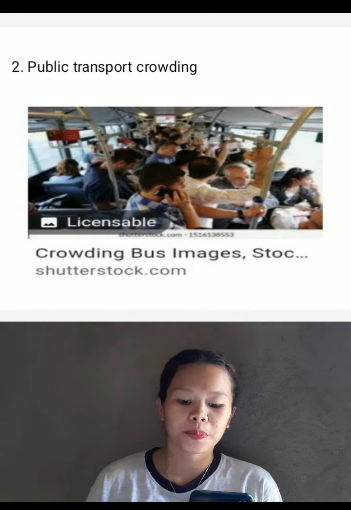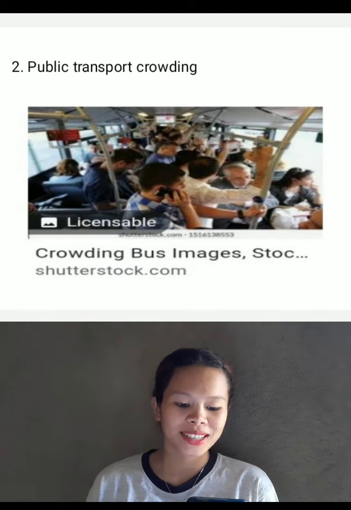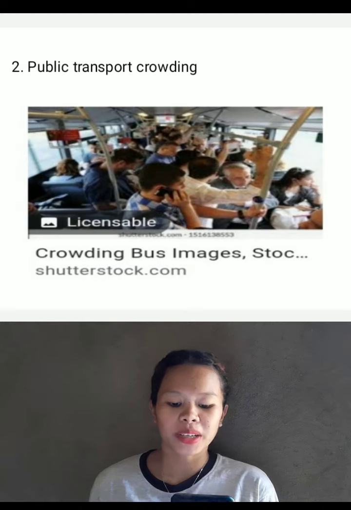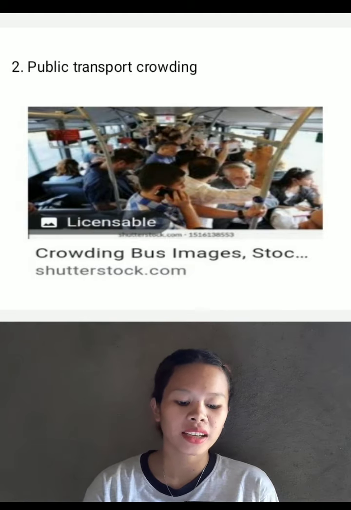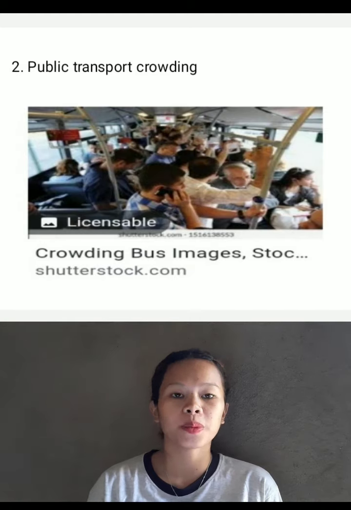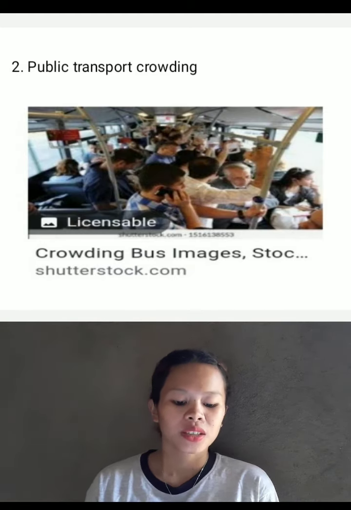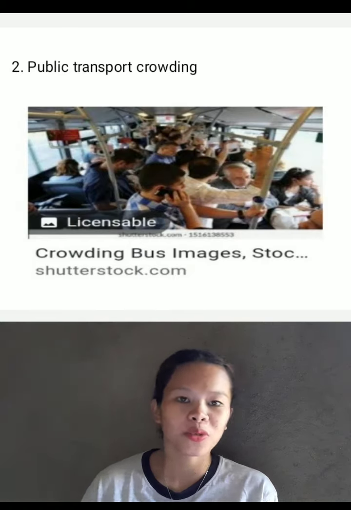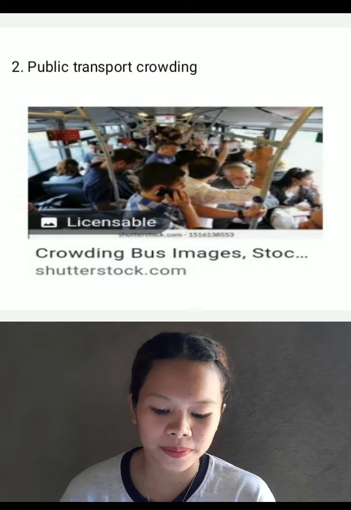A very high proportion of the day's journeys are made under conditions of peak hour loading, during which there will be lengthy queues at stops, crowding at terminals, stairways, and ticket offices, and excessively long periods of hot and claustrophobic travel jammed in overcrowded vehicles. So that's all for public transport crowding.